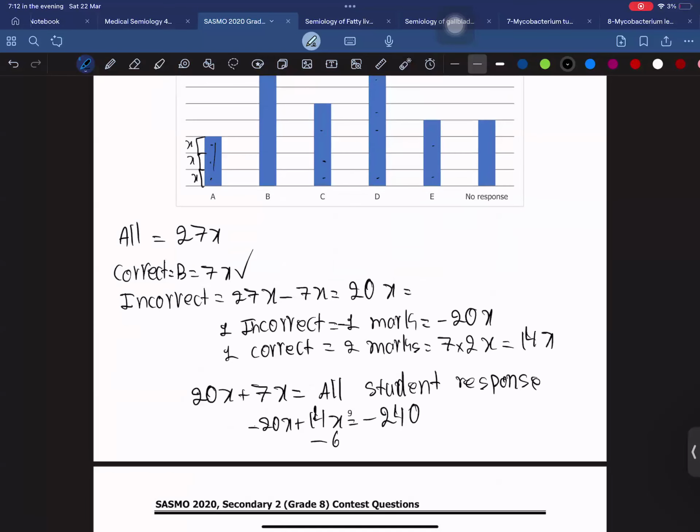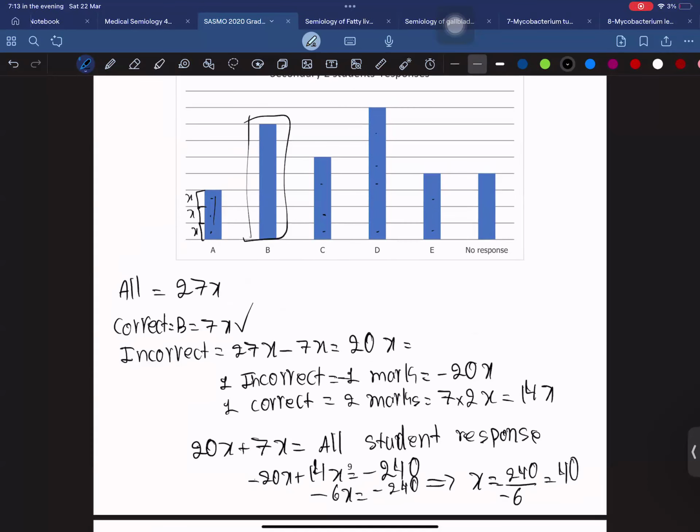So minus 6x equals minus 240, and we get x equal to 40. The correct answer is 7 units, 7x, which means 7 times 40, which is 280. So our answer is 280.